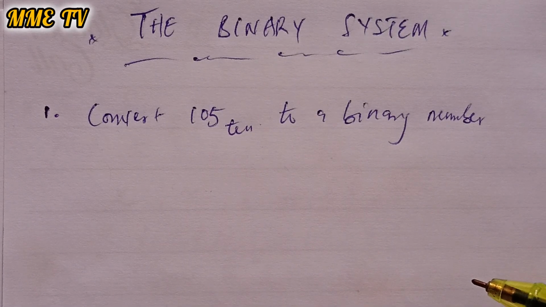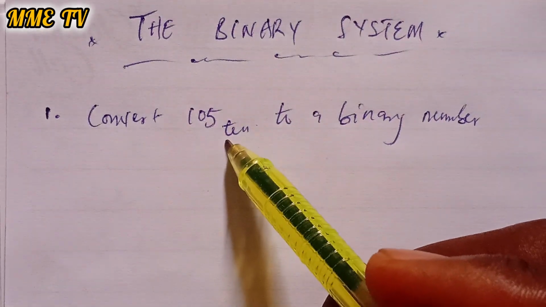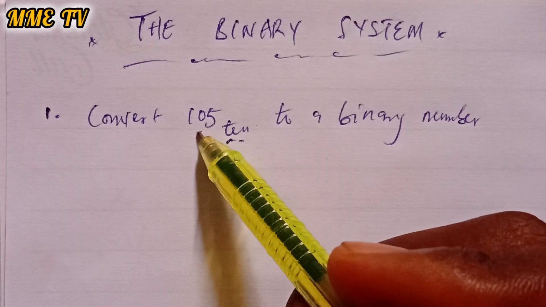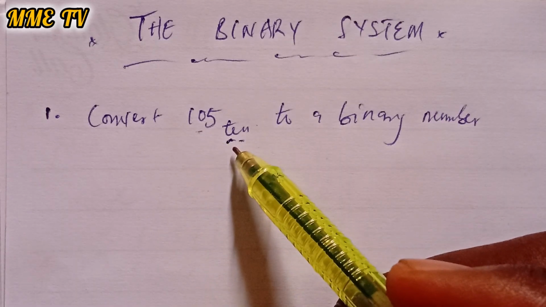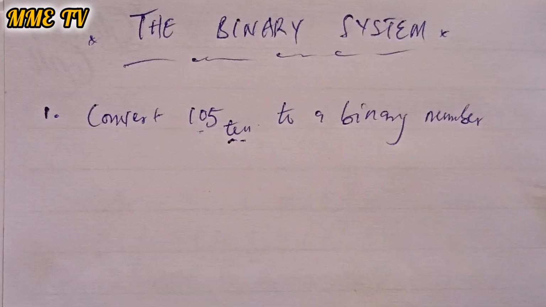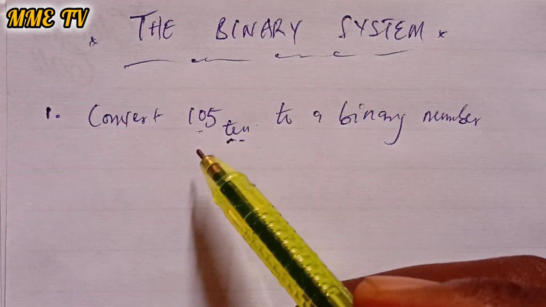converting 105 base 10. When you see a number just beneath the whole number given to you, it is a base. You understand? There are some situations where you'll be given just a number like this.